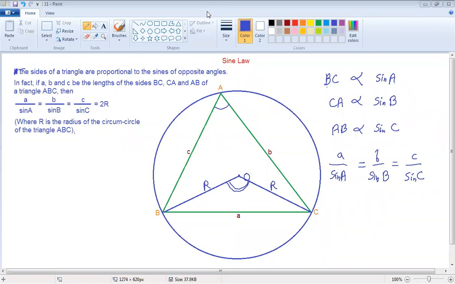Jasmeet? Nobody is telling. Sir, half of angle A. Yes. Who is telling? Anyone? Anmol? Okay, my voice is coming.